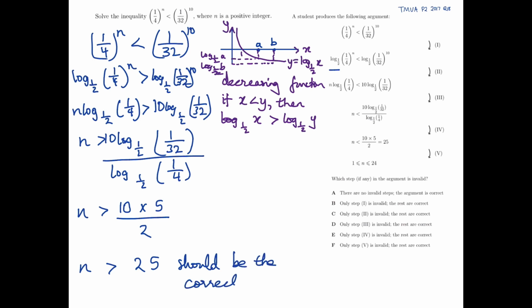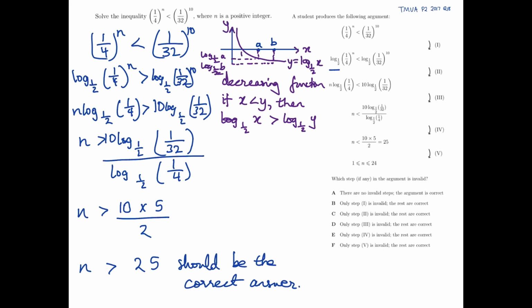Now let's look back at the student solution. So step 1. It's not the same, is it? The student hasn't reversed the inequality sign, and this is a mistake that most students make. You must remember that log base half of x is a decreasing function.